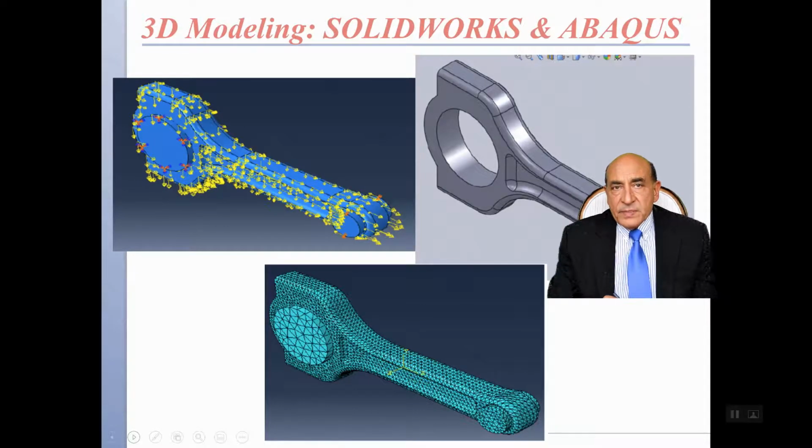The final step, obviously, some of us will be able to do it, some may have difficulties, so we have to be a little bit flexible. We can model the three-dimensional connecting rod. As you can see, this is made with SolidWorks. In SolidWorks, you have more detail, like for example, fillets here, fillets here, fillets here, and then this is carved.